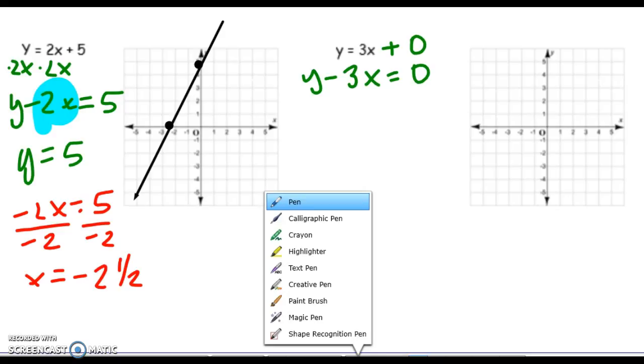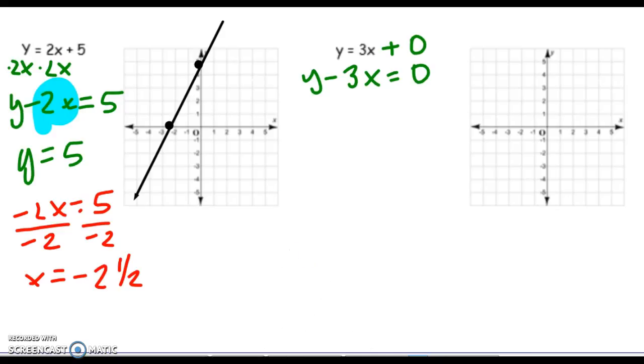So let's go ahead and use that cover up. The easy one is going to be y. So in this case, y equals 0, which is very simple to graph because I go through my y-axis at 0.